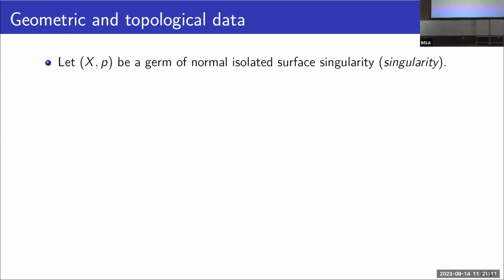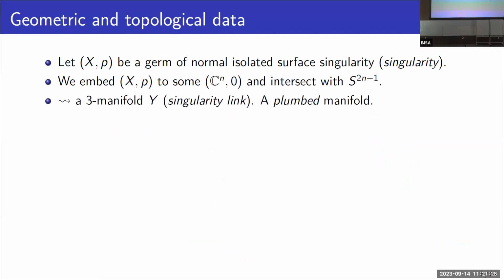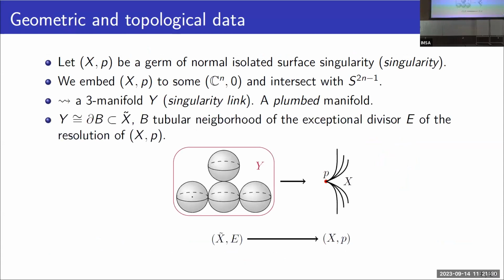Here it is something. So let's take a germ of a normal isolated surface singularity. We embed it into some C to the n and intersect with a little unit sphere. We get a 3 manifold Y, which is the link of the singularity, and it is a plumbed manifold.